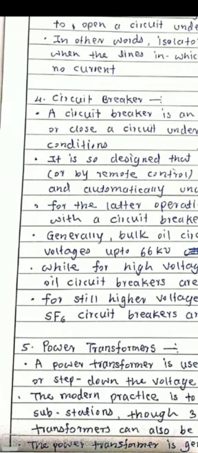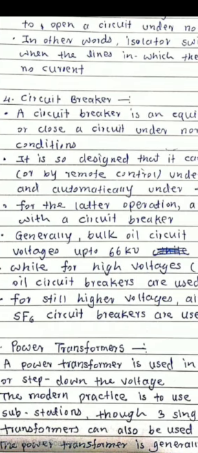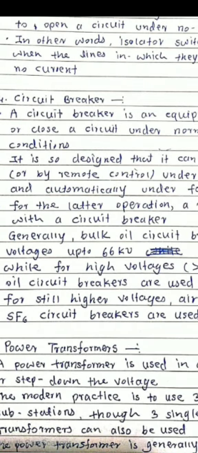Next is the power transformer. A power transformer is used in a substation to step up or step down the voltage. The modern practice is to use three-phase transformers in substations, though a single phase bank of transformers can also be used.